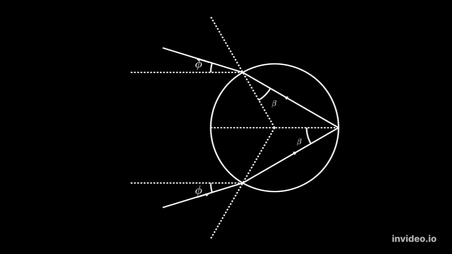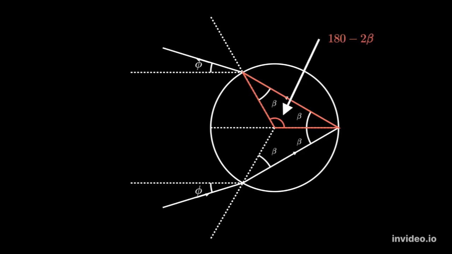Having done this, we can see that this bottom angle must also be phi, because it's the angle between the incident light and the light that experiences some bend upon entering water. That's just how we defined phi. So by definition, this refraction angle has to be beta, and by the same logic as above, the angle of reflection with respect to its own normal is beta as well.